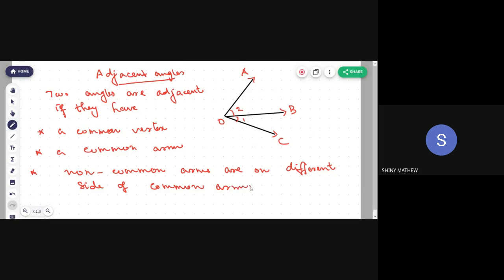Different side of common arm. So this definition is very important.